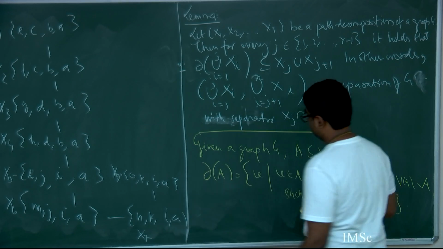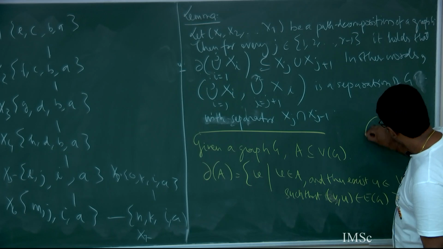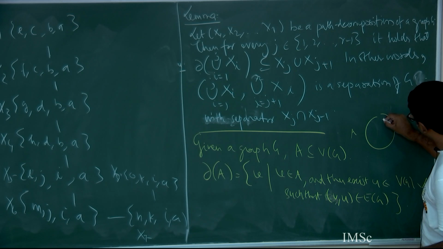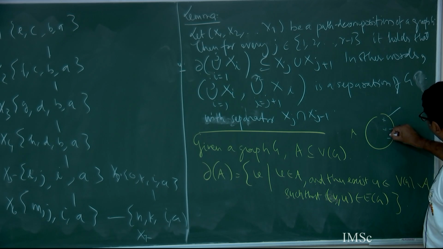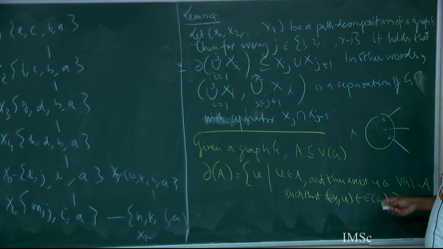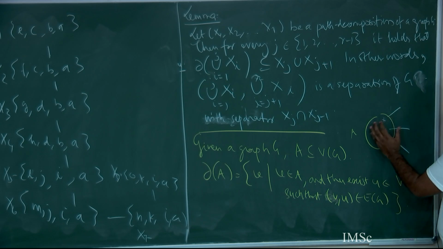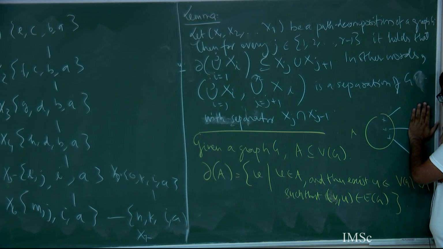So basically A's boundary consists of those vertices in A which have neighbors outside. It is the boundary of set A, meaning they have some neighbor which is outside.